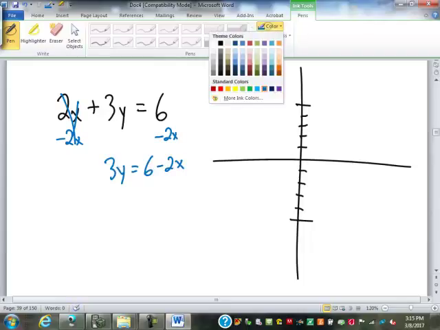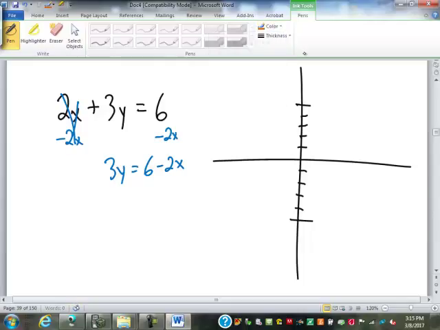And then divide by 3. So y equals 6 divided by 3 is 2, negative 2x divided by 3? Perfect. Negative 2/3 x.